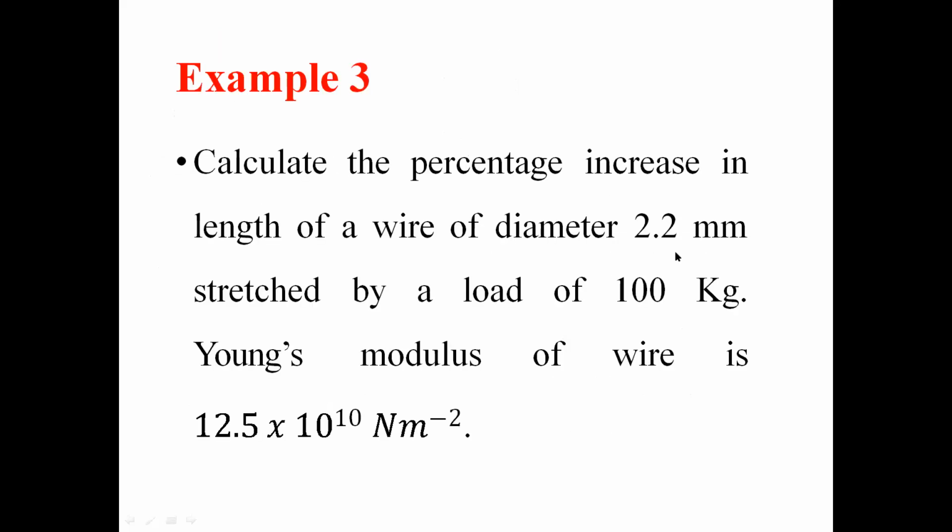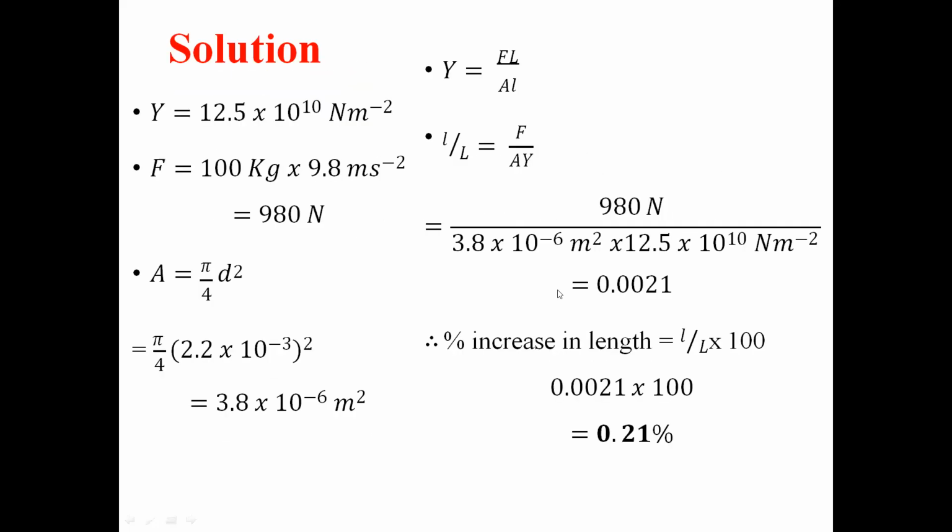The diameter is given as 2.2 mm, which converts to meters by dividing by 1000, so 2.2 into 10 to the power of minus 3, whole square. Total area of the wire is 3.8 into 10 to the power of minus 6 meter square.